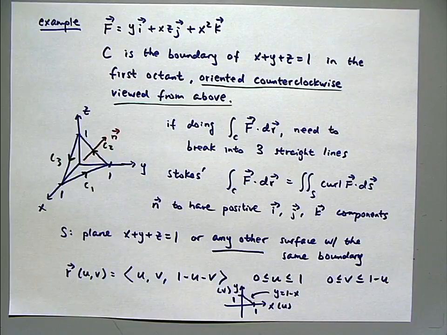And remember, you've got to replace the x symbol with the x component of your surface parameterization. So that's minus u, minus 2u. And the z component is 1 minus u minus v. 1 minus u minus v minus 1 is minus u minus v.